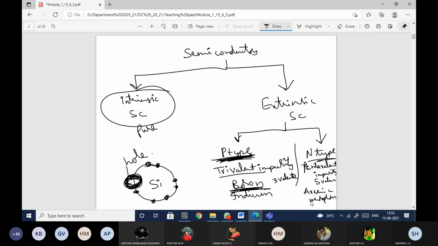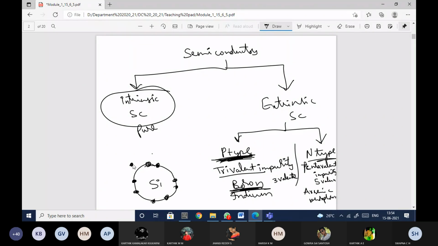All these atoms have 5 valence electrons in the outermost shell. So what happens when you add this pentavalent impurity to the silicon atom? Arsenic has 5 valence electrons. The 4 valence electrons of the arsenic will form covalent bonds with the silicon, but one will be left free.